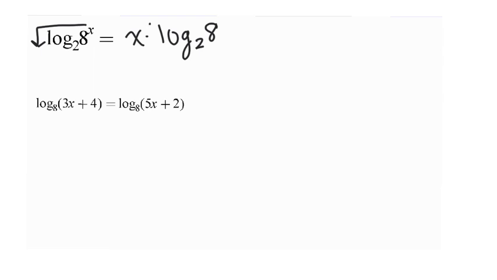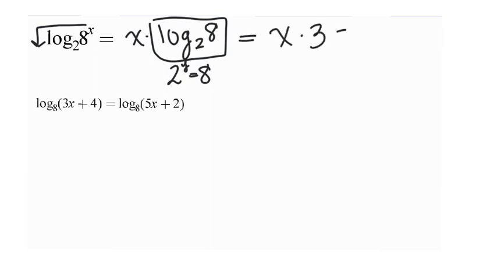And I'm going to rewrite this as 2 to the y so that I can figure out what that is. 2 to the what equals 8? Well, that's 3. So over here now I have x times 3, and we would never say that. We would just say 3x. Okay, so the log base 2 of 8 to the x, we can just rewrite as 3x.